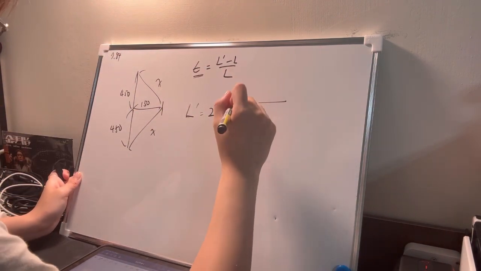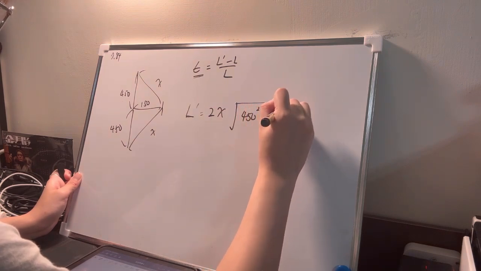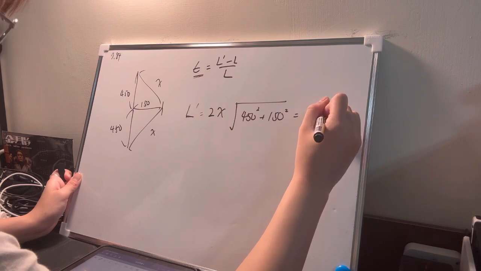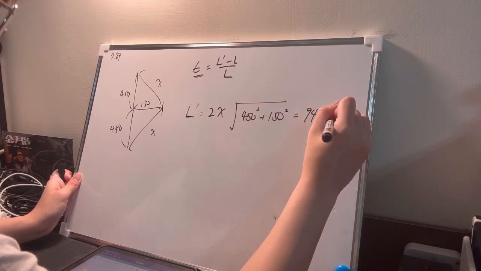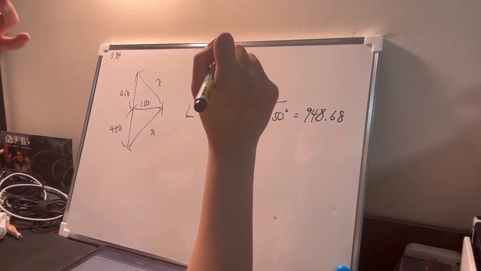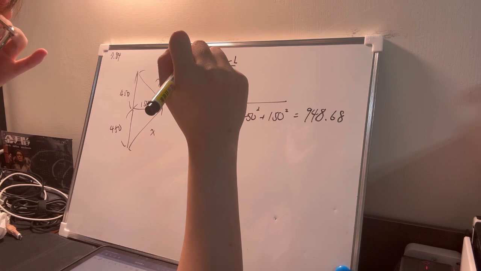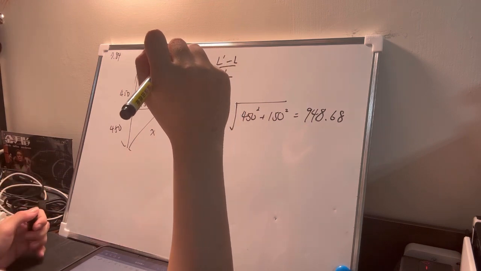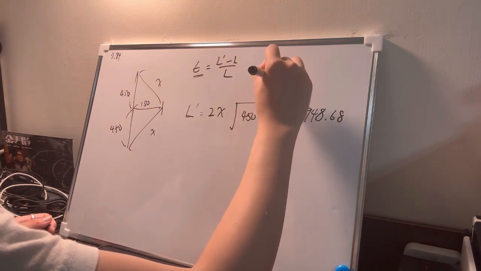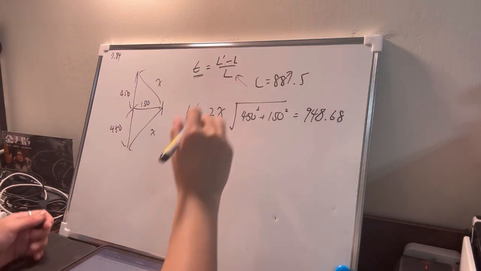And here it will be like 8 point this. The question also tells us the unstretched length of the spring is 887.5 here, so we use this function here.